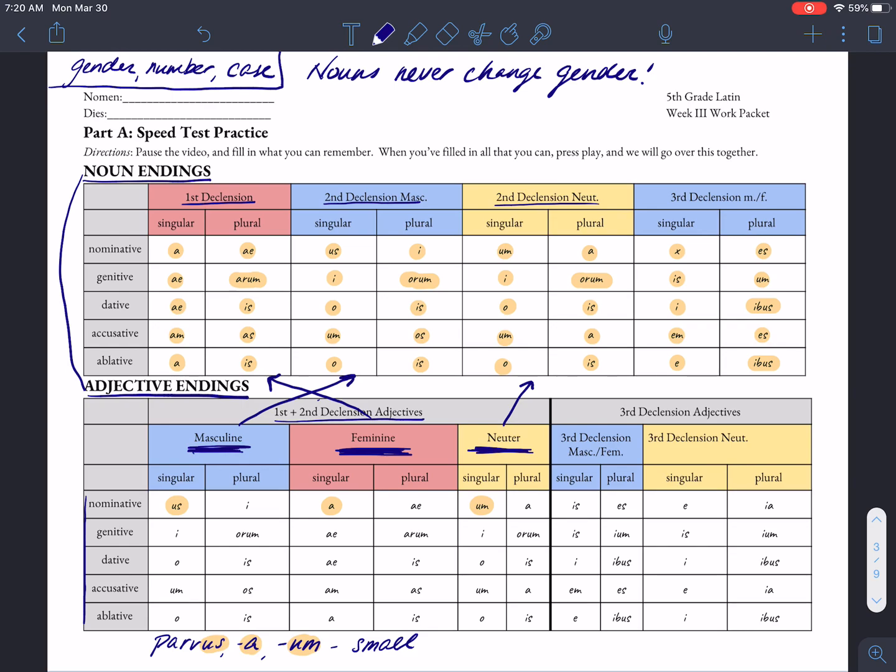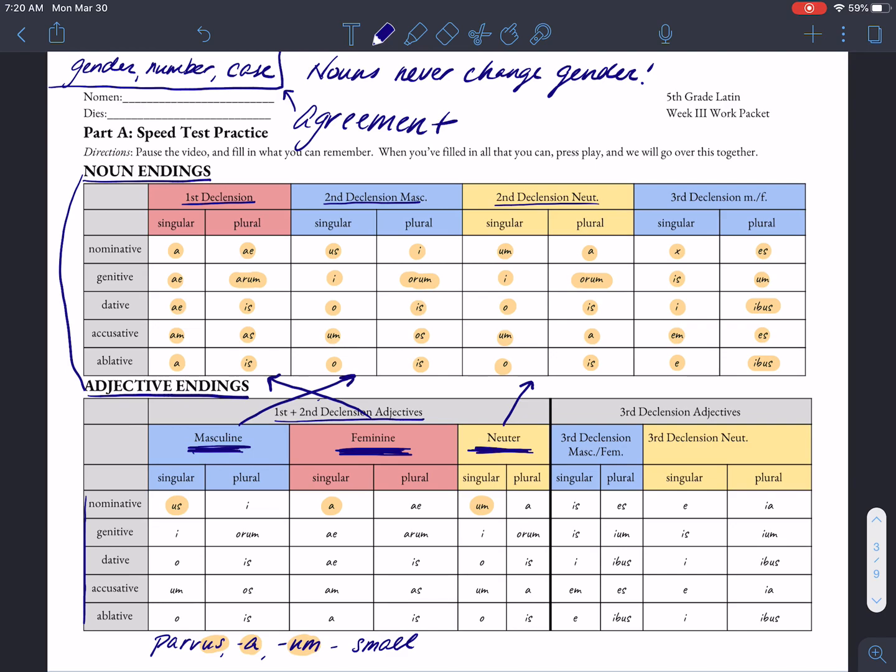So the adjective will change to match the noun that it's going with. And that's called agreement. So when the noun and the adjective agree, they match in gender, number, and case. Now that's all well and good.